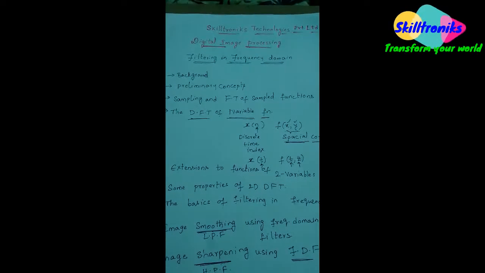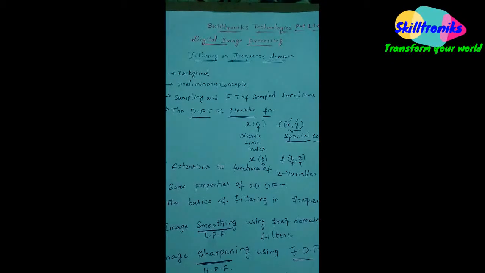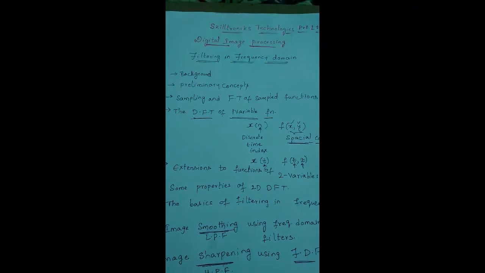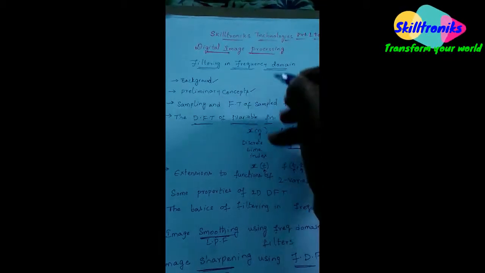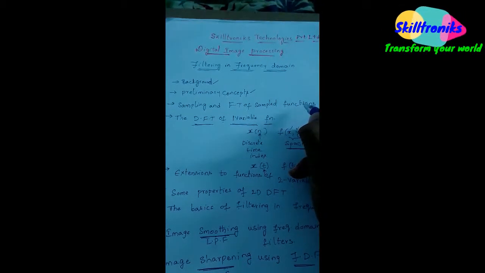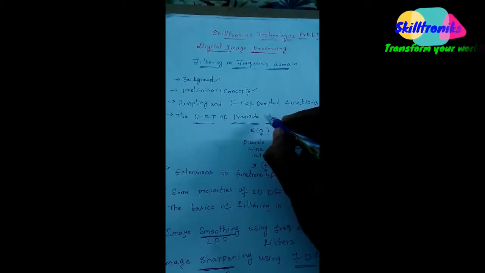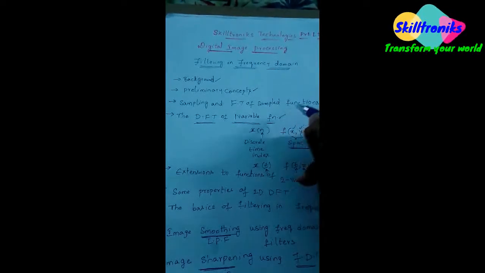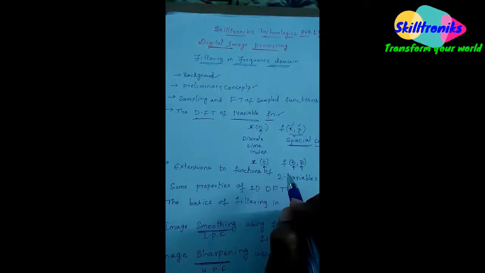So coming to the summary of last class, we are going to discuss filtering in frequency domain. First we will discuss the background and preliminary concepts, sampling and Fourier transform of sampled functions, the discrete Fourier transform of one variable functions, and extensions to functions of two variables.